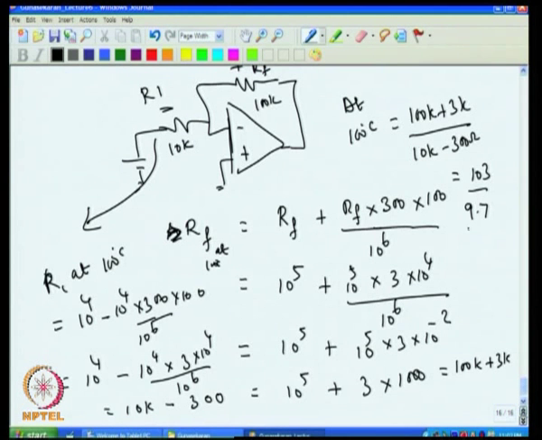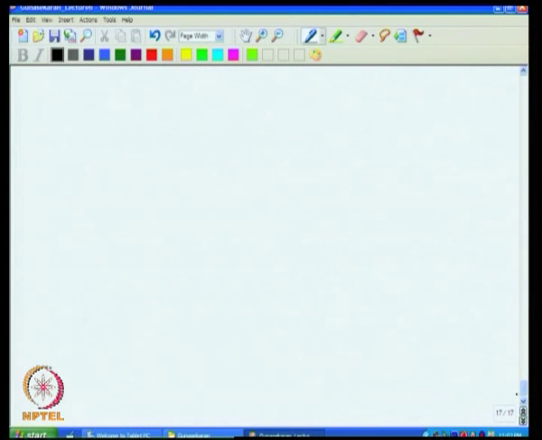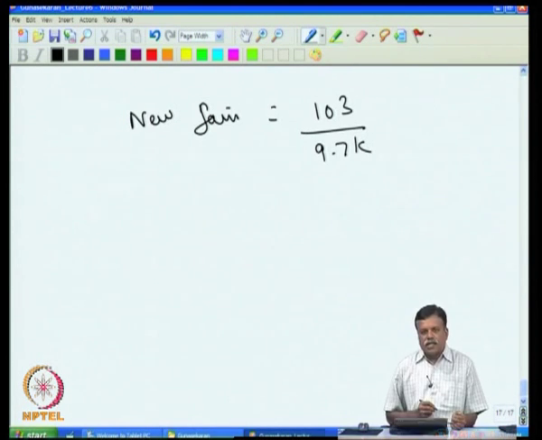So now the gain is not 10. If you calculate the new gain, because 100K becomes 103K and 10K becomes 9.7K, that is the new gain, which is much more than 10.